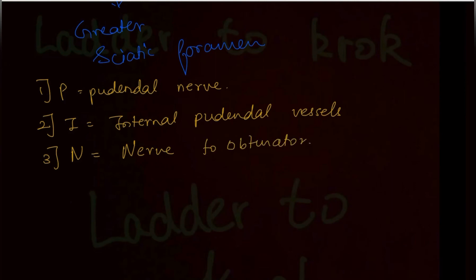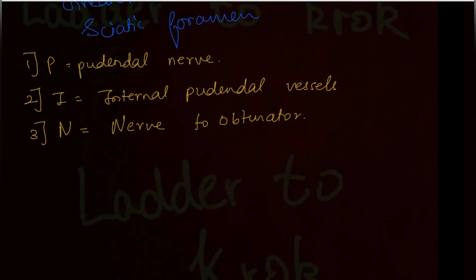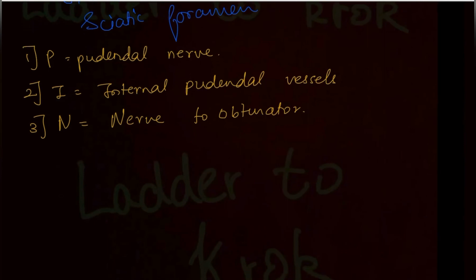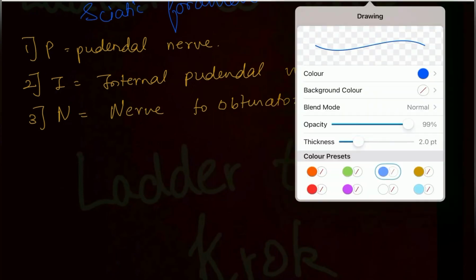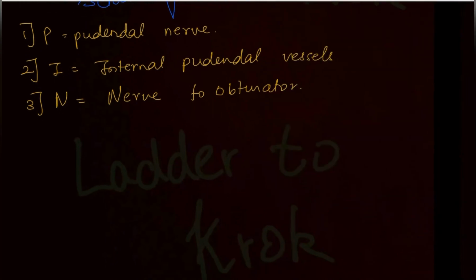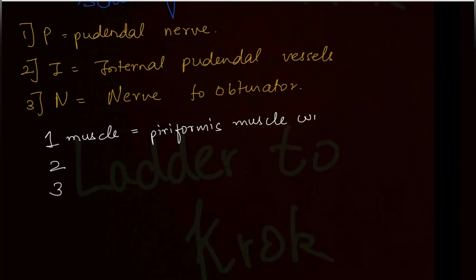So just remove the T from the pint and the spin, pudendal nerve, internal pudendal vessel, nerve to obturator will also pass through the greater sciatic foramen. And there's something extra which passes through the greater sciatic foramen. For that, you remember 1, 2, 3. One muscle will pass, and that muscle's name is piriformis muscle, along with its tendon. So write down muscle with tendon.